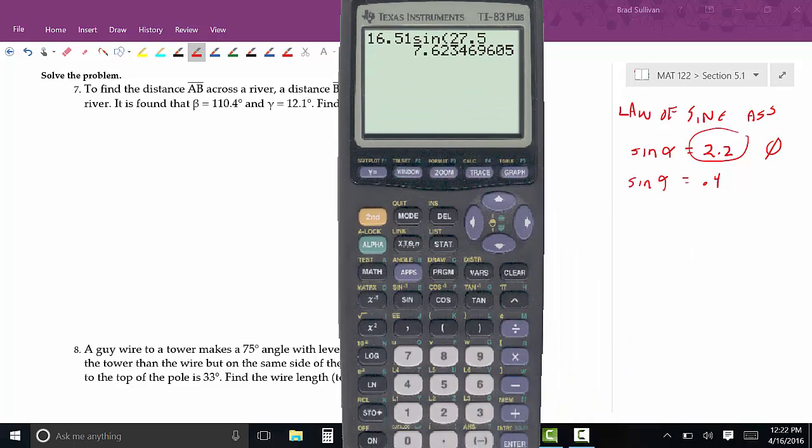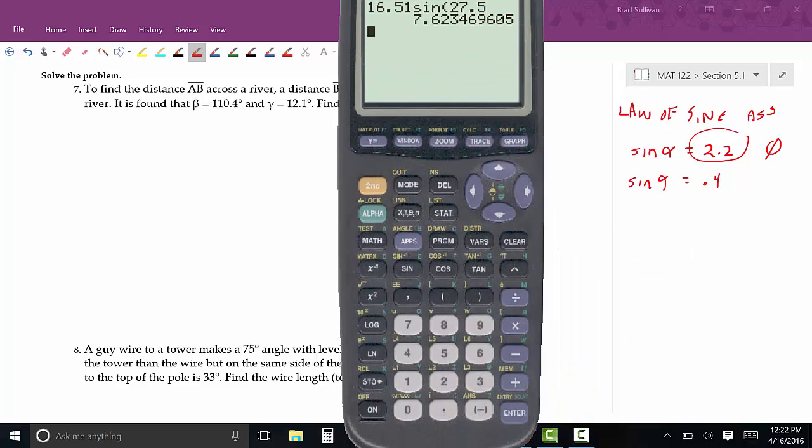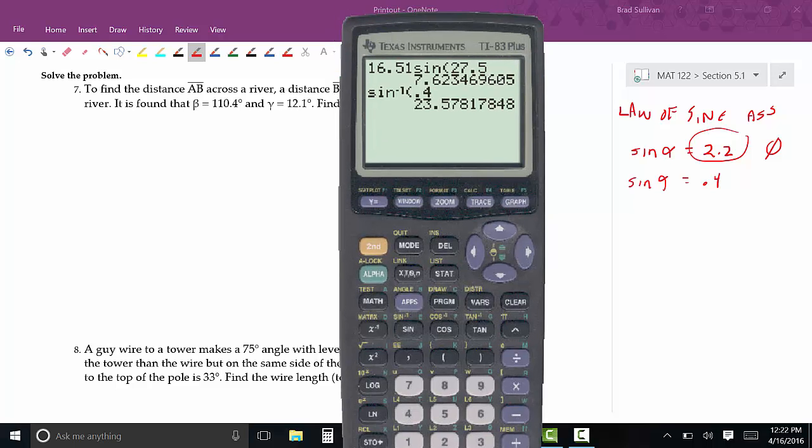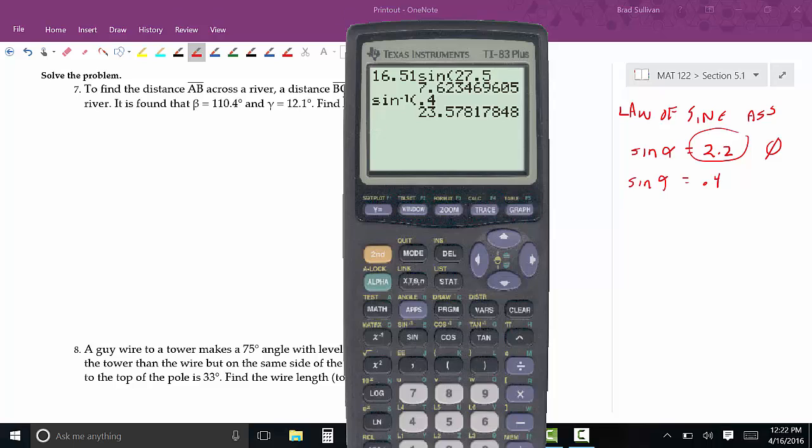If you took your calculator and did inverse sine of 0.4, you actually get two possible angles. So you might get two angles, and in that case, you might get two triangles. You don't have to, though.